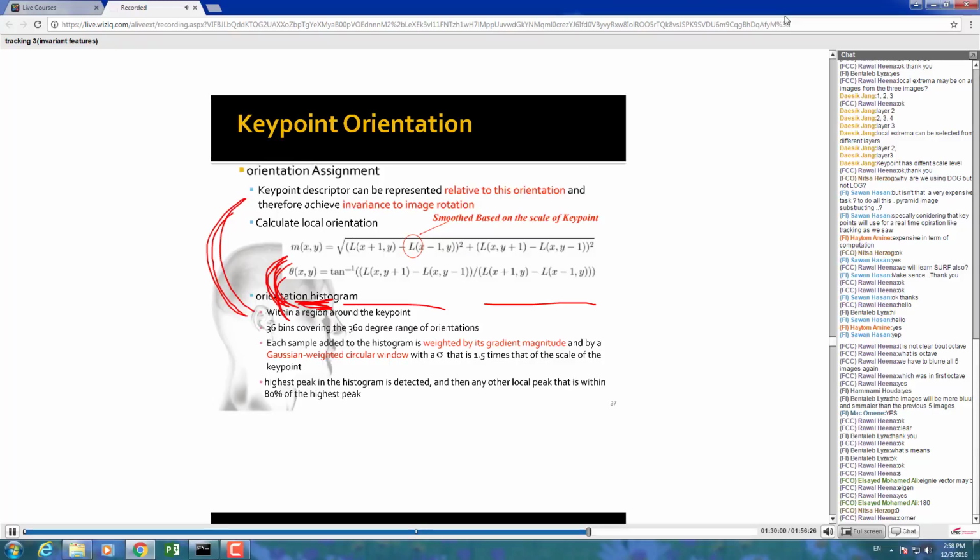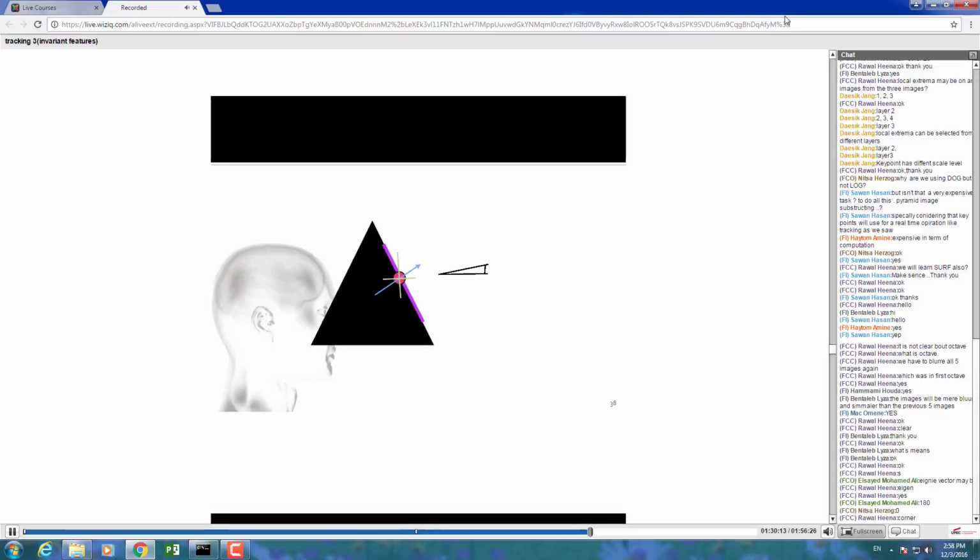Is it okay? Yeah. So actually, this kind of formula comes from general edge angle calculation. Even using a very simple Sobel operator, we can calculate the edge using this arc tangent function.